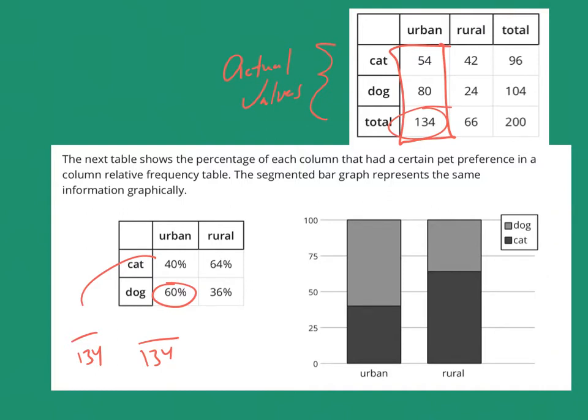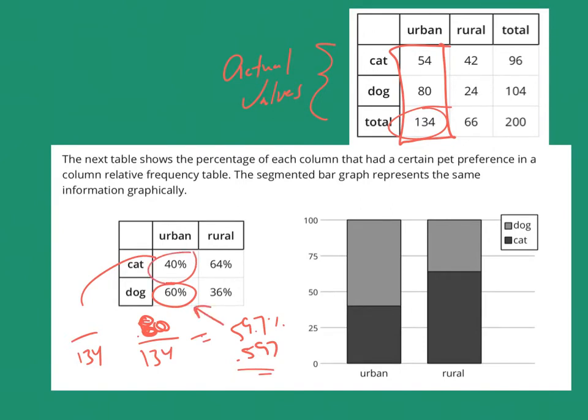What's 60%? 80 divided by 134 is going to give me 59.7%, or 0.597, which is about 60%.